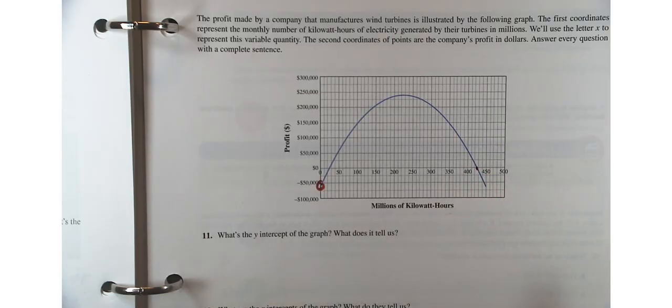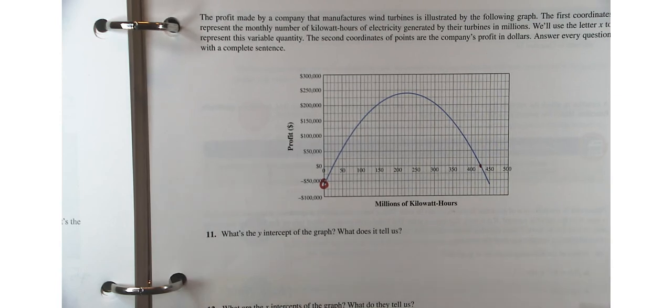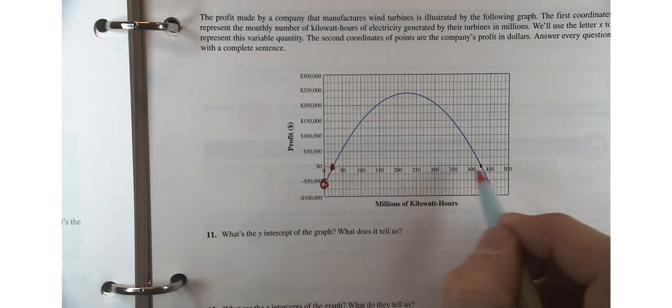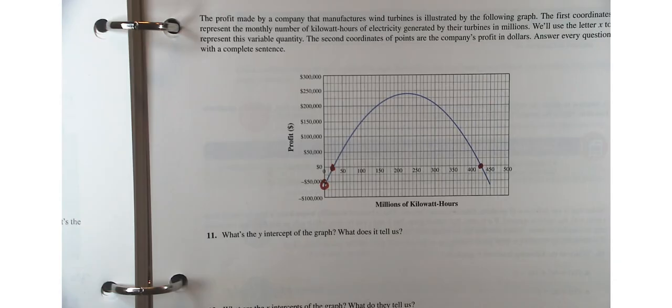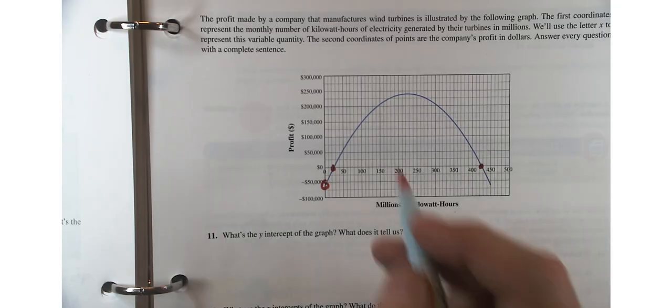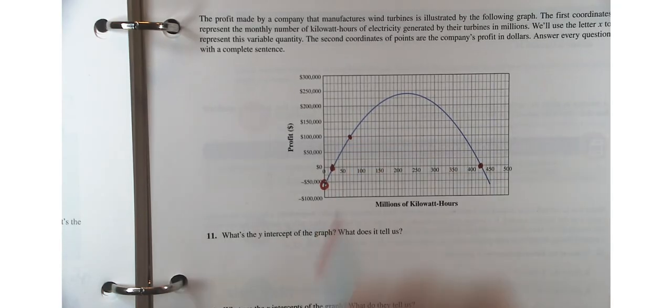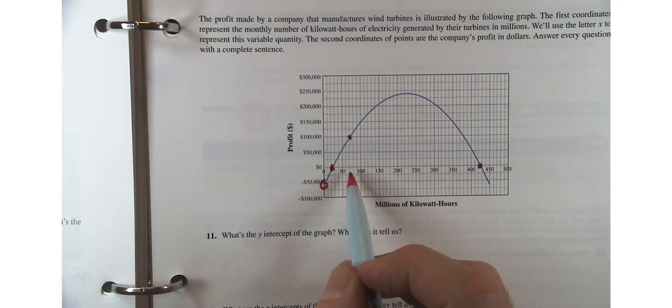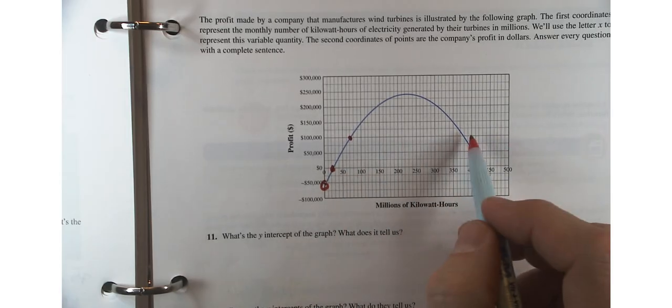Now it looks like there's some intercepts. These are your break-even points. How much electricity is needed to be generated in order to make a profit of $100,000? You could answer, it looks like 70 here, but there's another answer as well, right?